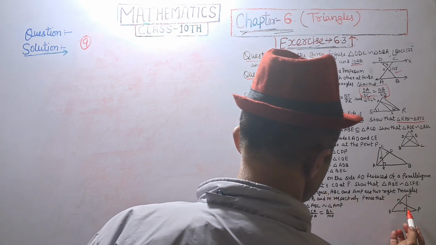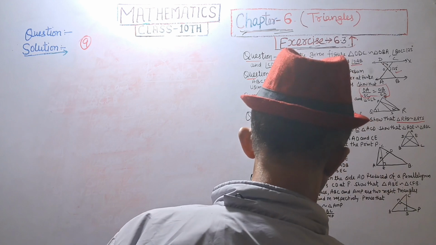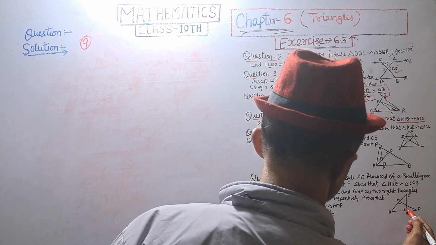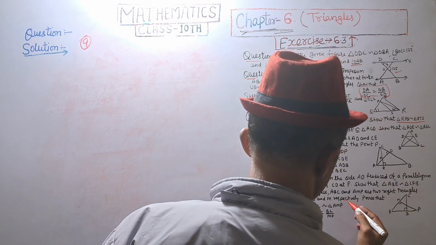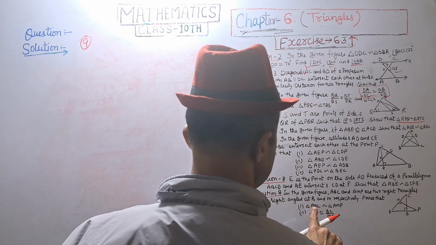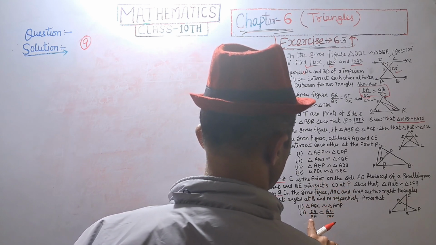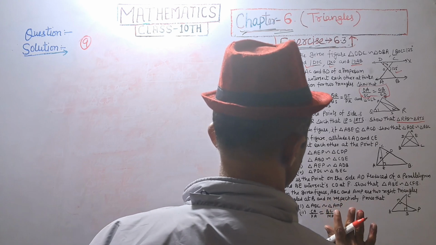Question number 9. In the given figure, ABC and AMP are two right triangles, right angled at B and M respectively. Prove that triangle ABC is similar to triangle AMP and CA upon PA is equal to BC upon MP.